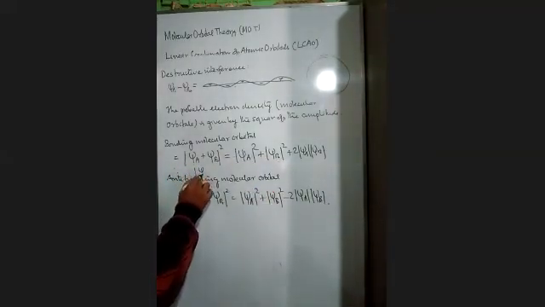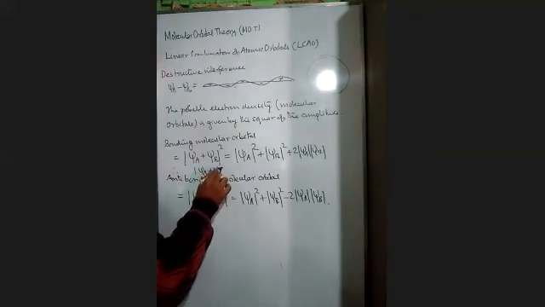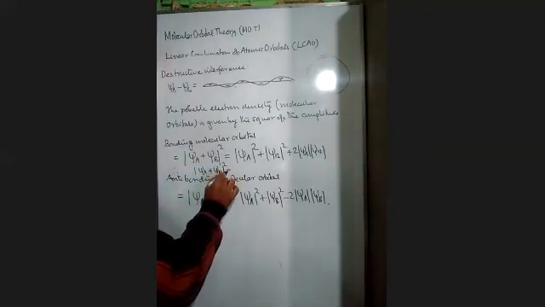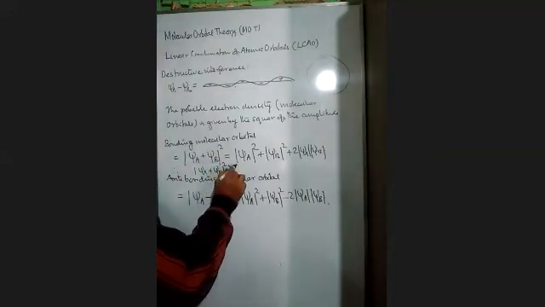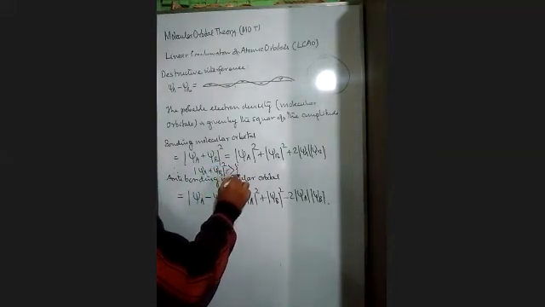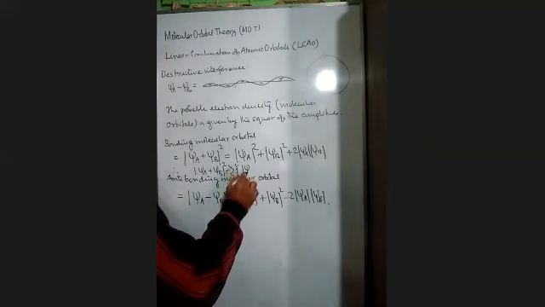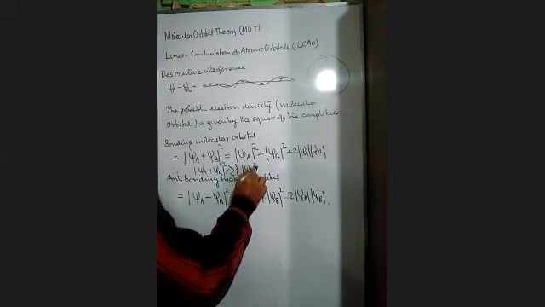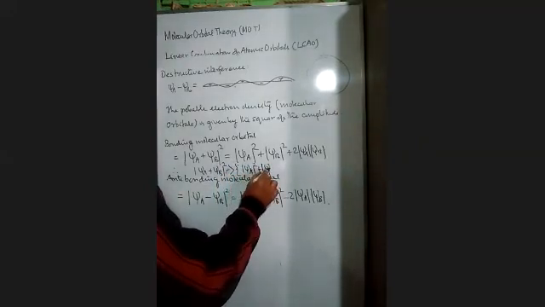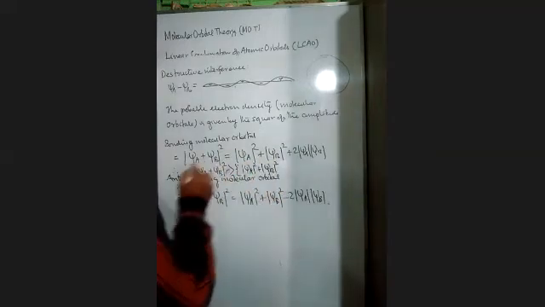In this case, we find psi A plus psi B is greater than the sum if I add the electron density of the atomic orbitals individually.